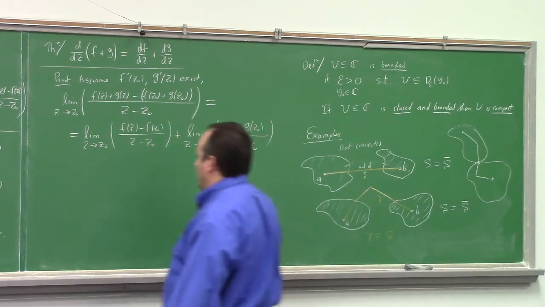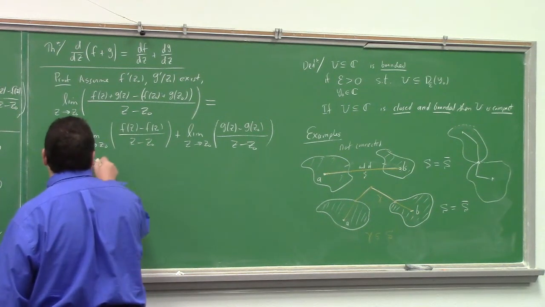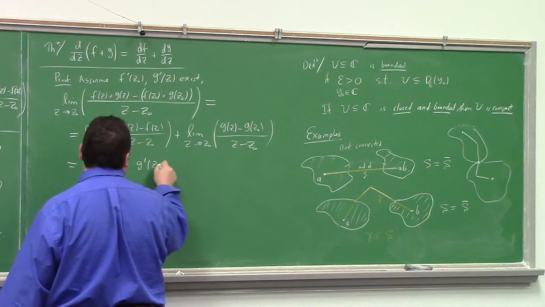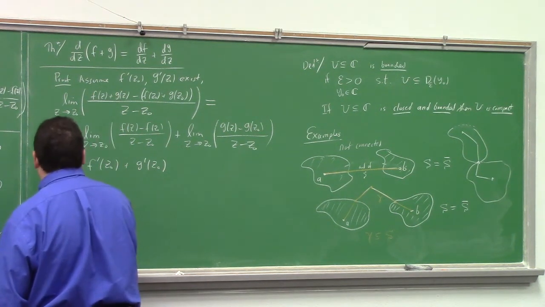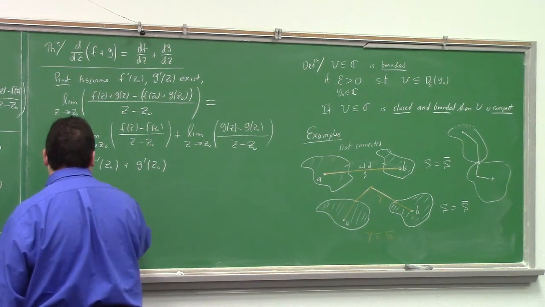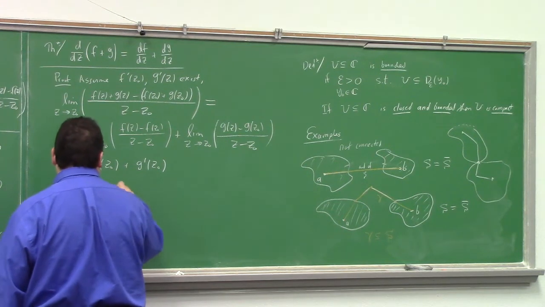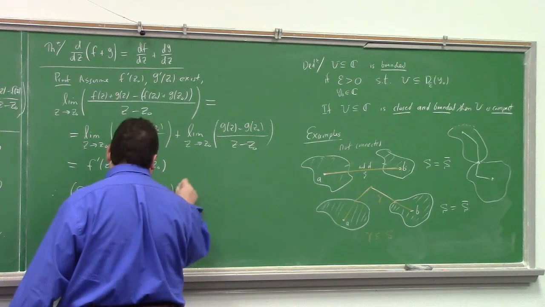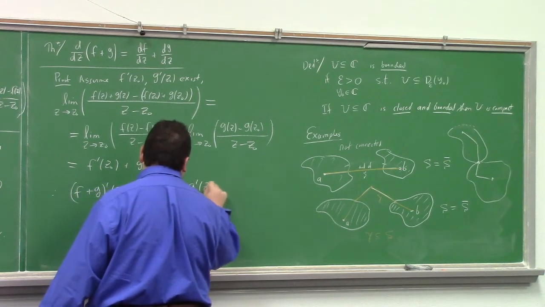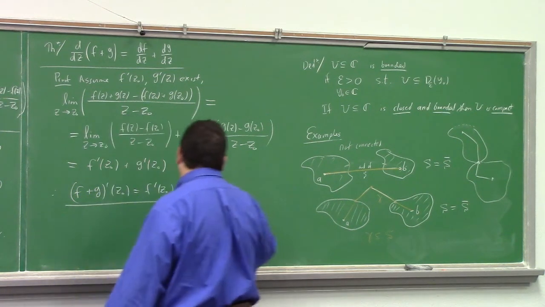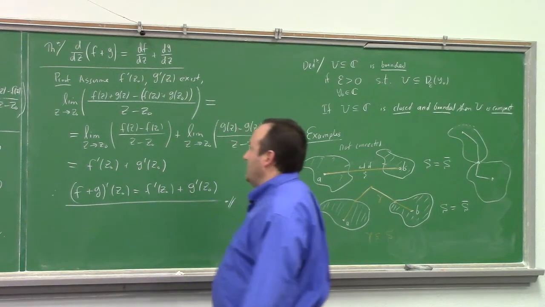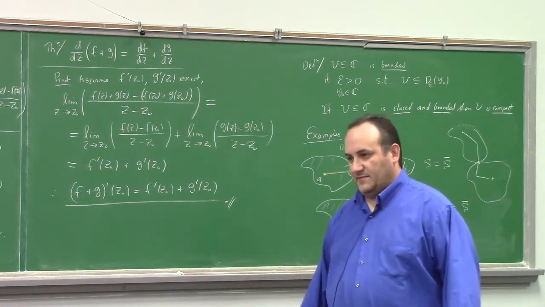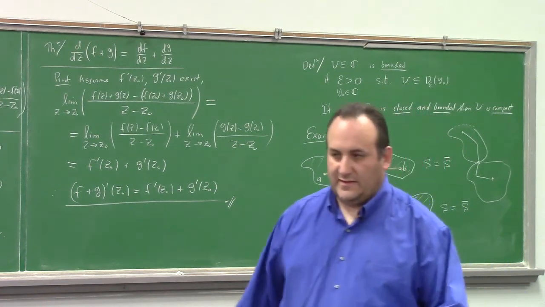So those are respectively f prime of z naught plus g prime of z naught. Therefore, (f plus g) prime of z naught equals f prime of z naught plus g prime of z naught. So there you go, we have proved the sum rule. This is the Calculus 1 argument. We just deal with the limit quotient directly.